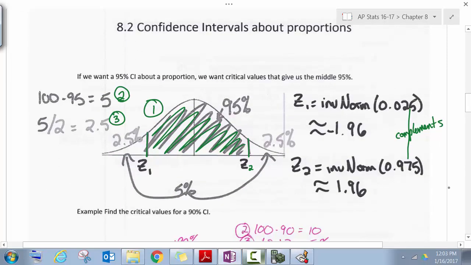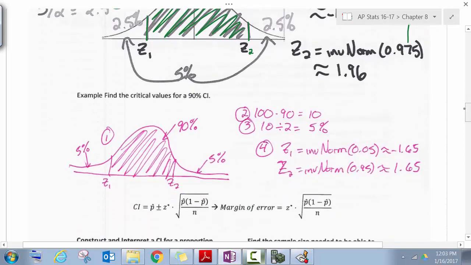So those are our first 2 steps doing the problems. Now we actually have to do the problems. Actually, we have another example. Find the critical values for 90%. Well, we draw it out first, middle 90%. Oh, I'm skipping some steps. So 100 minus 90 is 10, so we have 10% in the tails combined.